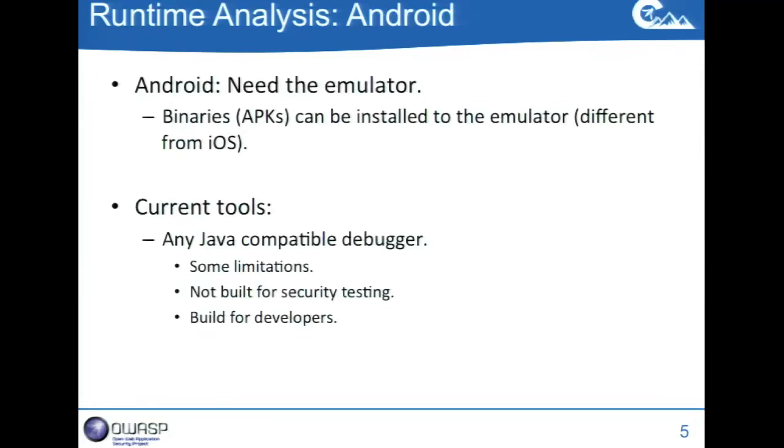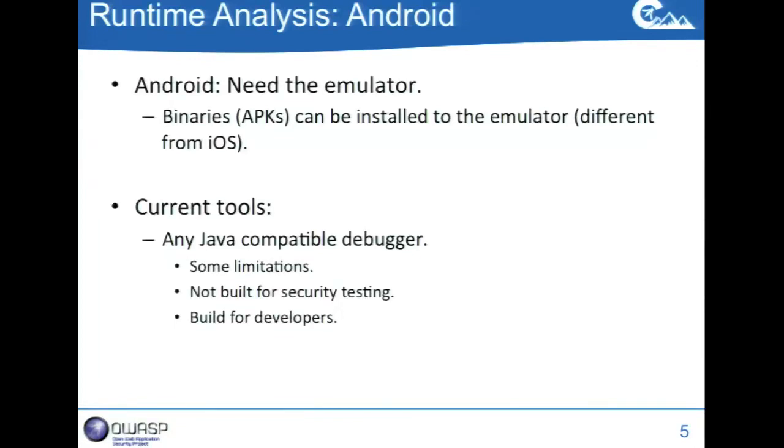There are some ways you can try to do this from a device, but unless the application is built in such a way that you have to run it on a device, in most cases it's easier to do the testing on the emulator. If you've downloaded an app from the marketplace and you want to test it, or you just have an APK, it's pretty easy to get that onto the device to do your testing.